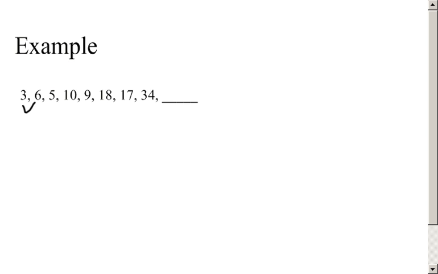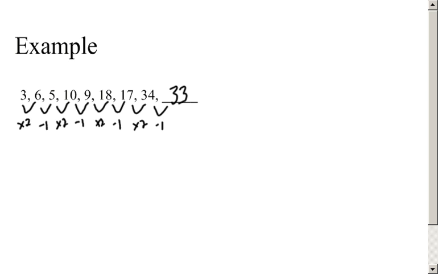What I see here is that this is multiplied by 2, and then we subtracted 1, and we multiplied by 2 again, subtract 1, multiply by 2, subtract 1, multiply by 2. I'm going to keep this pattern going and say it's going to be subtract 1, so my answer would be 33. Okay, and that's how we do some problems with inductive reasoning.